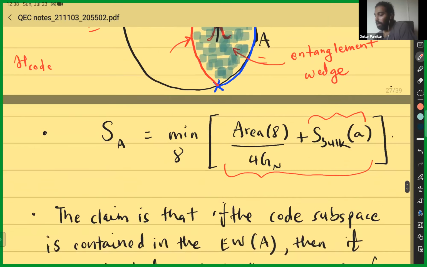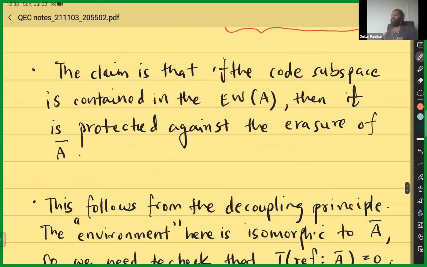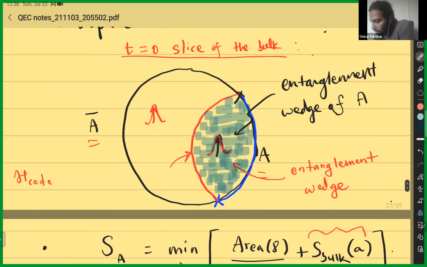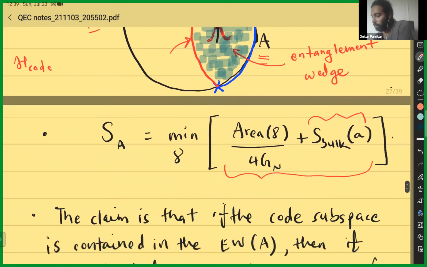Okay. Now the claim is easy to state. The claim is that if this wave packet that I considered was in the entanglement wedge of capital A, then this code subspace is protected against the erasure of A bar. That is the claim of quantum error correction.